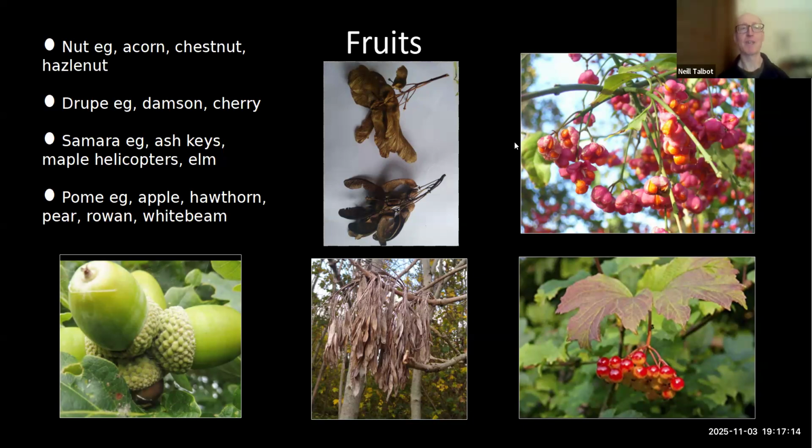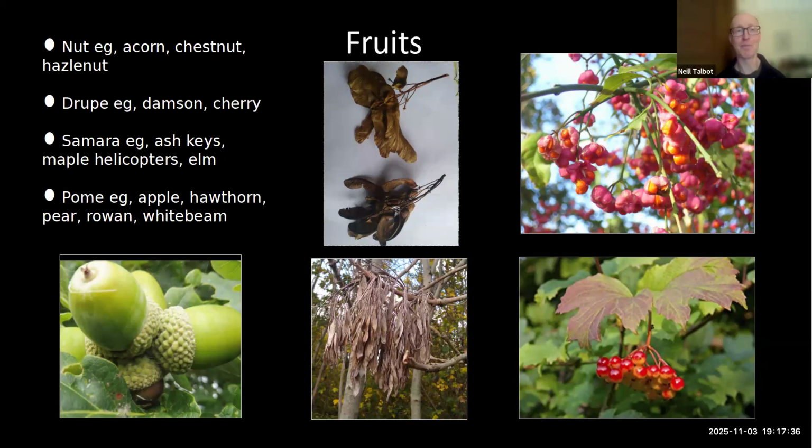Then you've got things like drupes, which are a single hard stone enclosed within a fleshy layer. So things like a damson or a cherry, for example, also sloes.